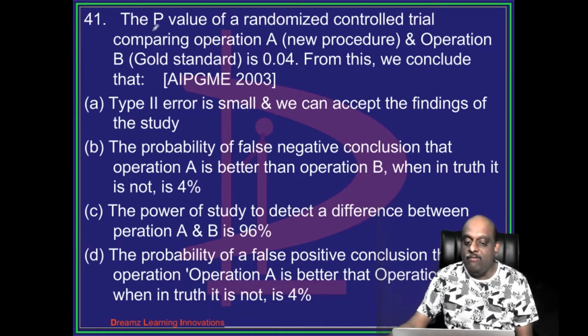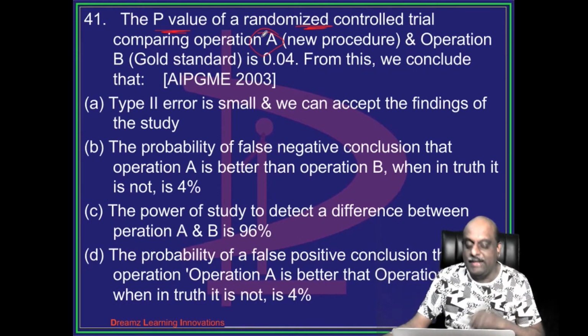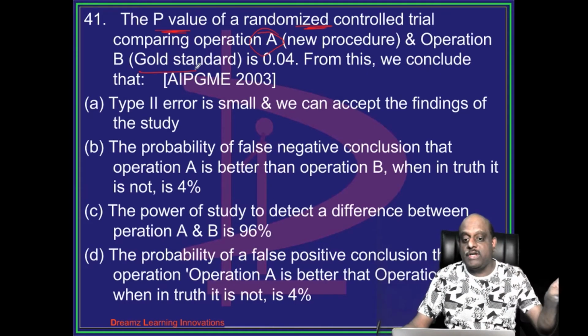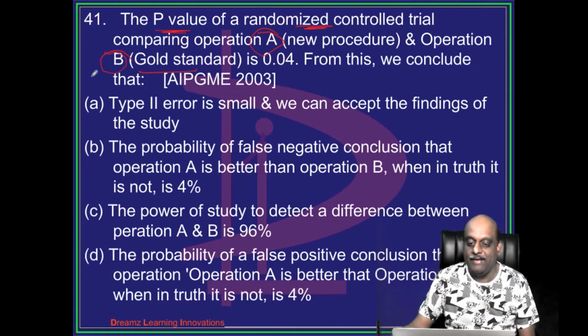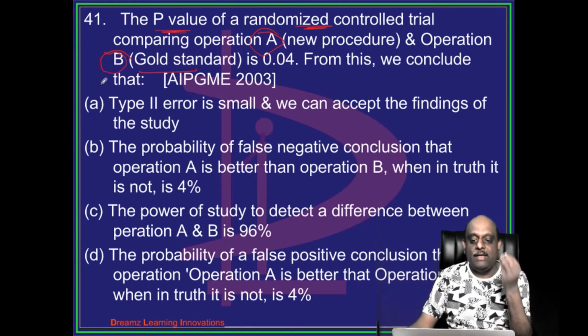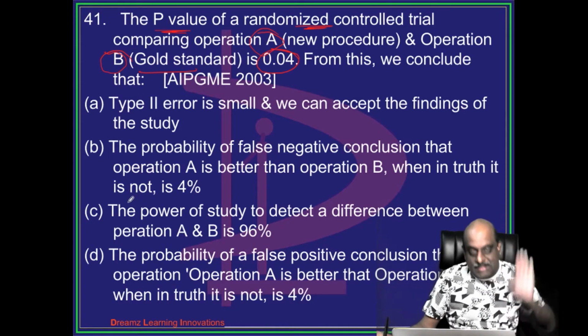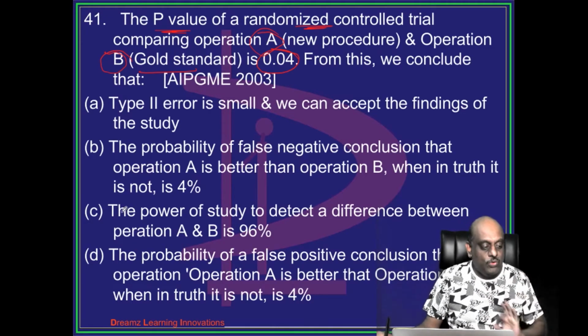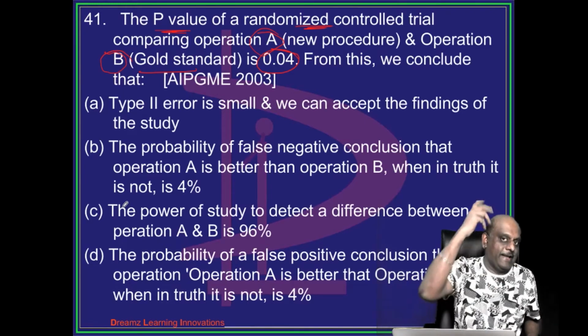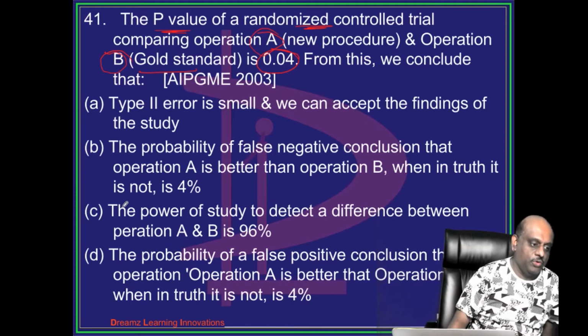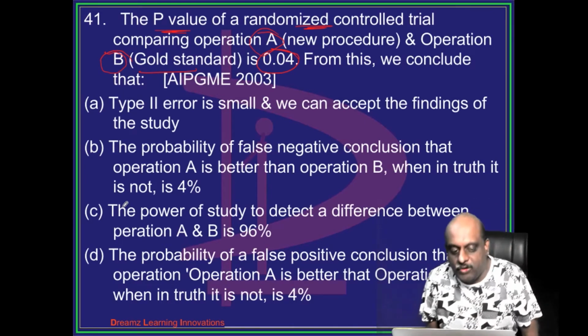The p-value of a randomized control trial which is comparing one new procedure, say operation A, and a gold standard operation B. The p-value is 0.04. What does this mean? How will you interpret the p-value? So you should know 4-5 points about p-value.